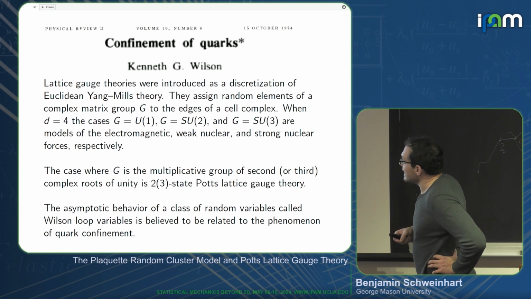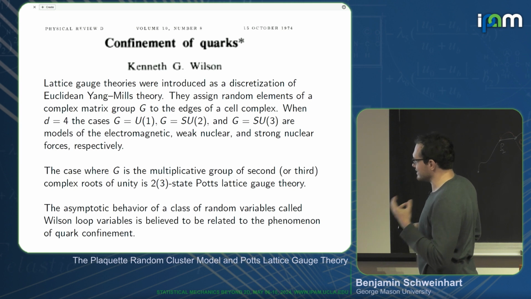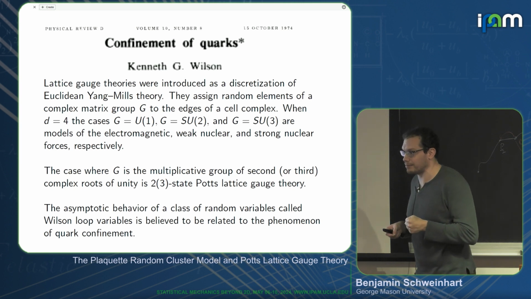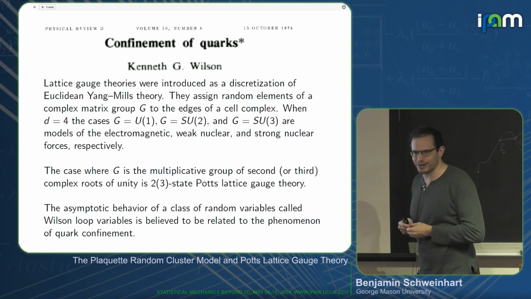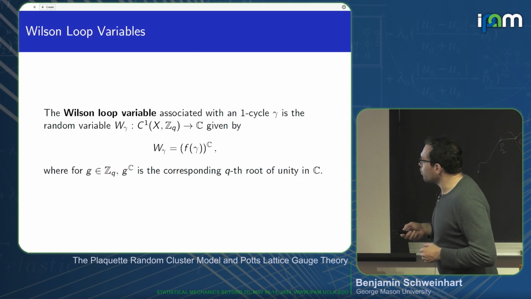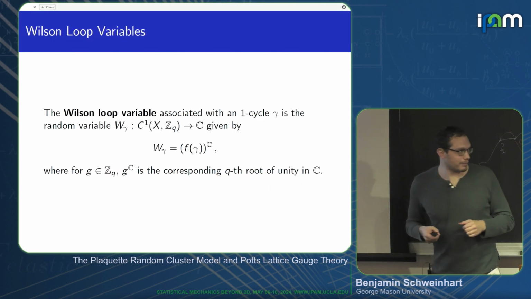But I do want to say that in these more complicated models, the random variable of interest is still this thing called a Wilson loop variable, whose asymptotics on large rectangles is believed to be important to the physics that they describe. So what are these Wilson loop variables?